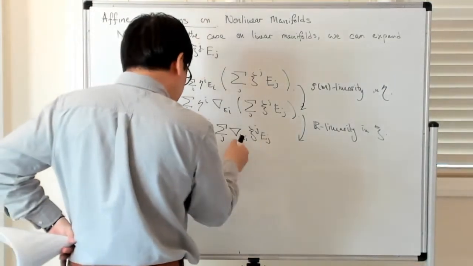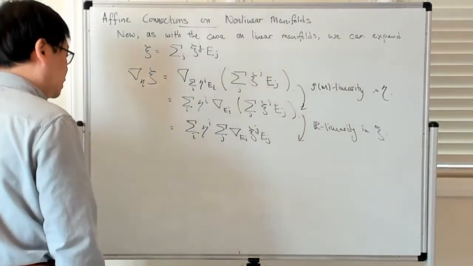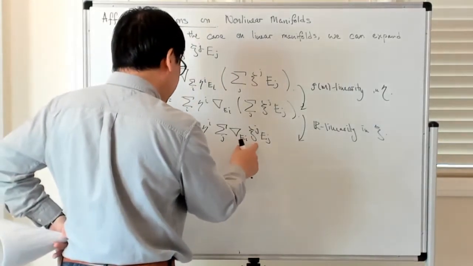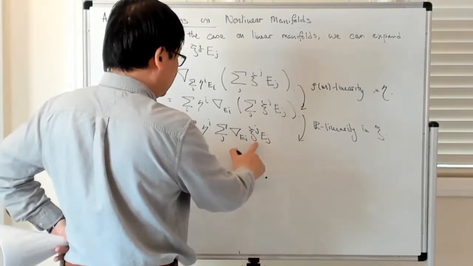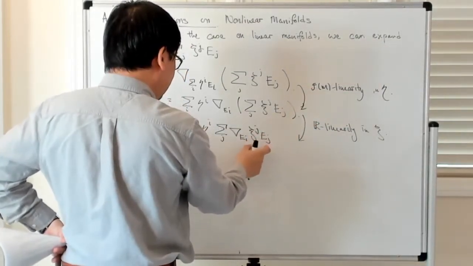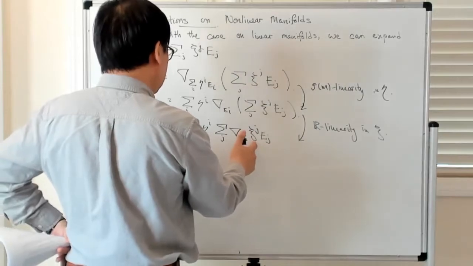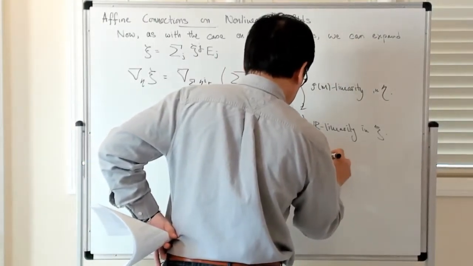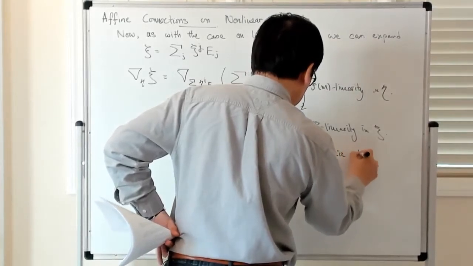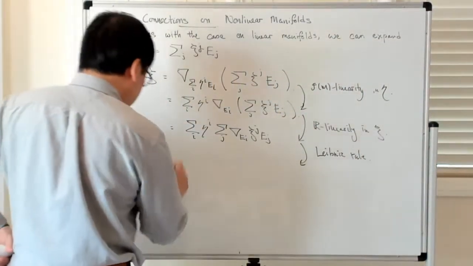And then you want to take this out, right? You can't really do that. This is of course a function now, but we don't have FM linearity in this, okay? So we have to use the Leibniz rule in order to get this.